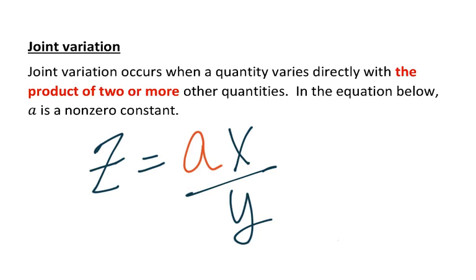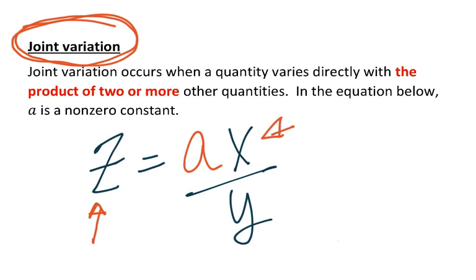Now, this is one equation, and if x is getting larger, this whole equation is getting larger. And if y is getting larger, this whole equation is getting smaller. As the denominator gets bigger, the equation is going to get smaller. It is possible to have a joint variation where z is impacted either directly by x or inversely by y.